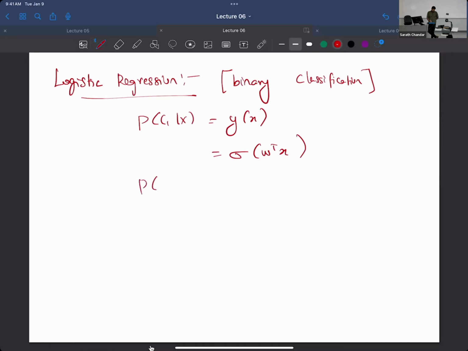Then the probability of C2 given X is simply 1 minus the probability of C1 given X. Is it clear? Now, how many parameters does logistic regression have? One? What? W? No, it's not one. W is a vector, right? So what's the dimensionality of W? How many parameters are there in logistic regression?